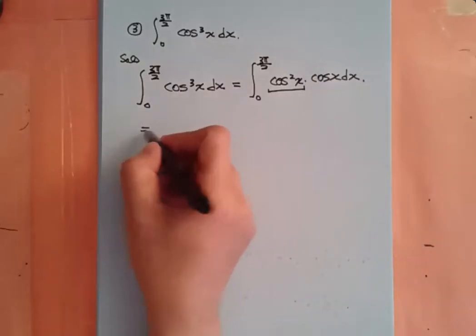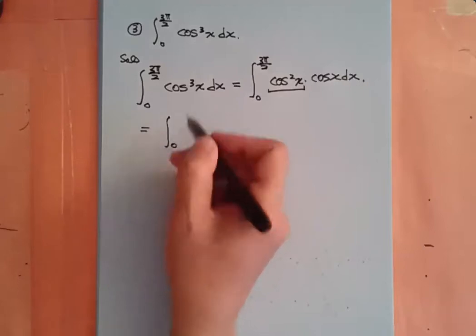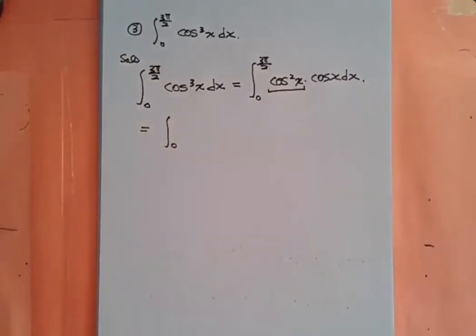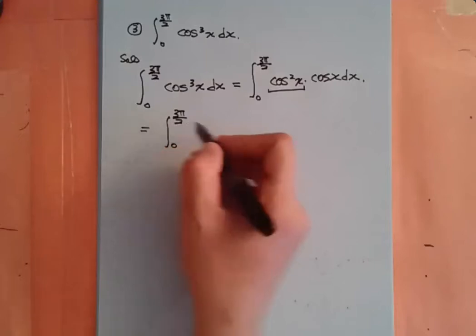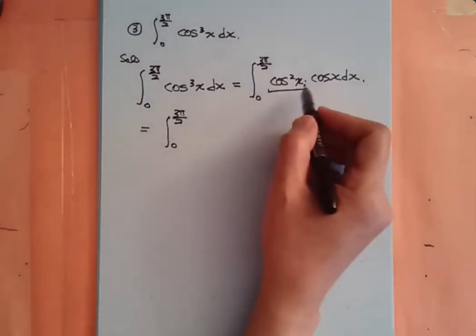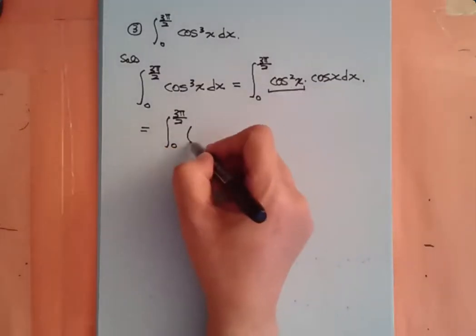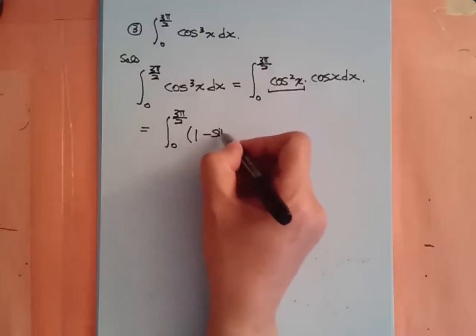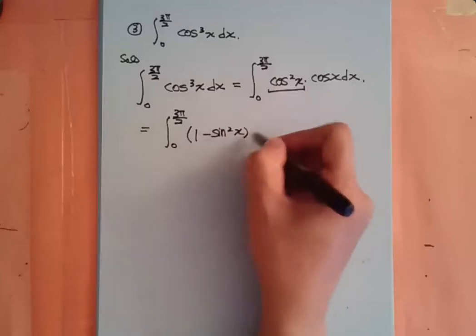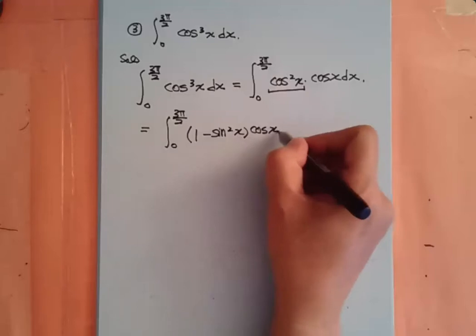So we will do like that. So it becomes the integral from 0 to 3 pi over 2. We use the Pythagorean formula so that we get 1 minus sine squared of x times cosine x dx.